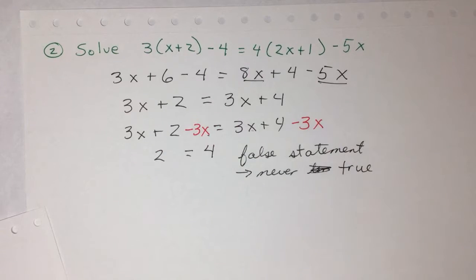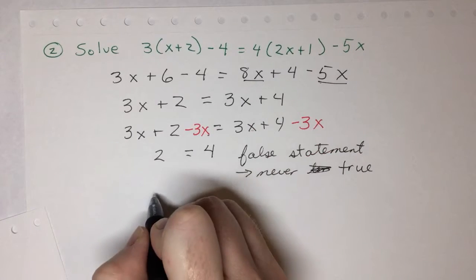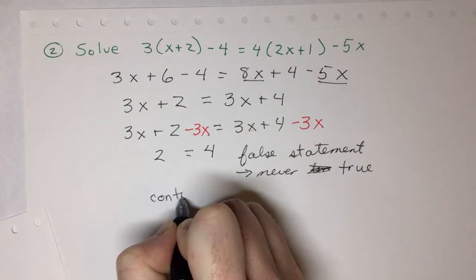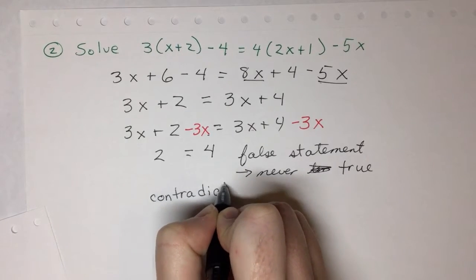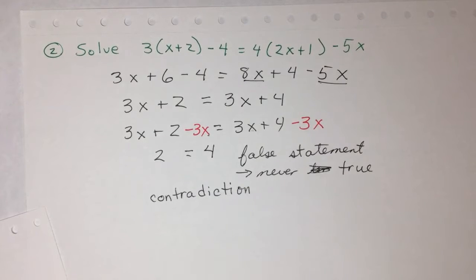When I'm solving an equation, I'm trying to find all the numbers that make that equation true. Well, there isn't a single number that's going to make this equation true. This equation is a contradiction. It is not true that 2 equals 4.